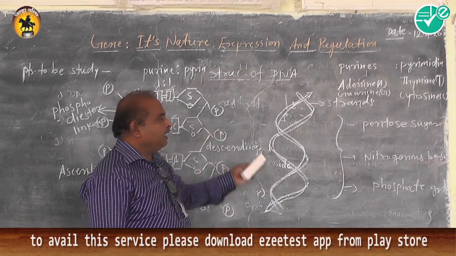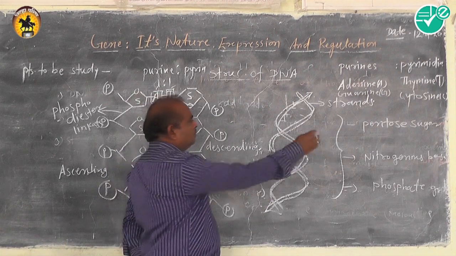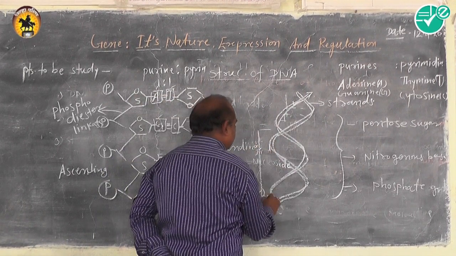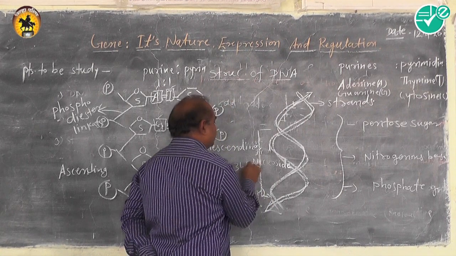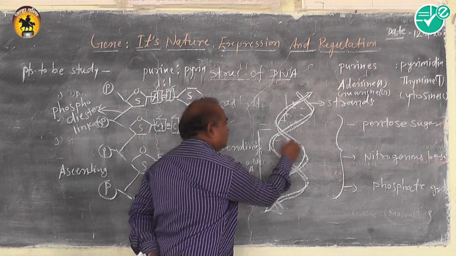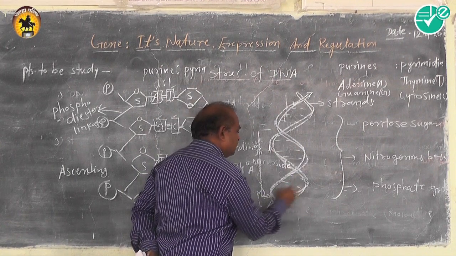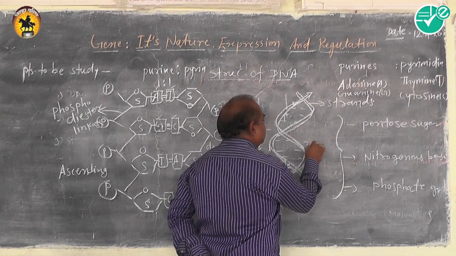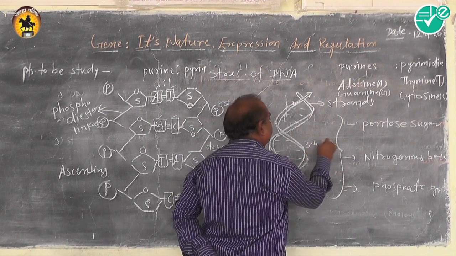In DNA, the length of one spiral is 34 angstrom. In one spiral there are 10 nitrogenous bases present at equal distance, that is 3.4 angstrom.